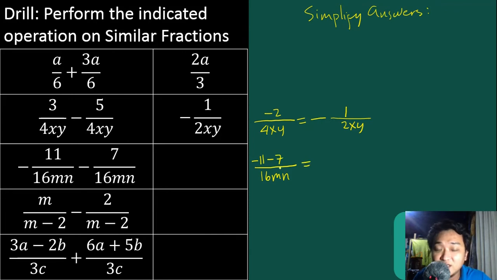In this case, we are subtracting negative 11 and 7. So, pagka nakakita kayo ng magkasunod na negative, we combine the numbers. So, that is the same as negative 18 over 16mn.